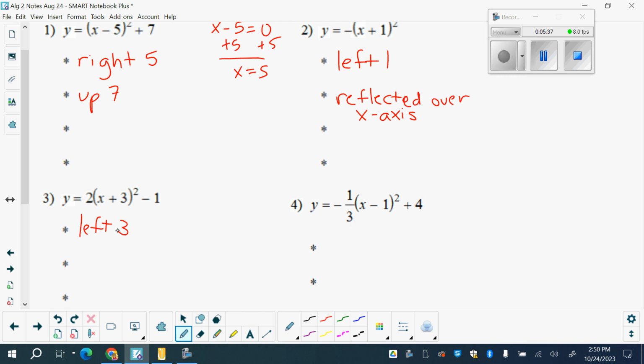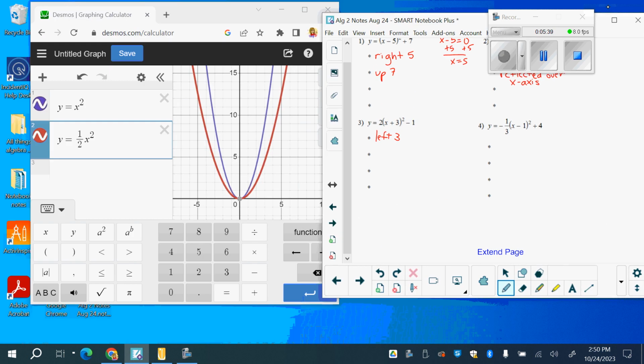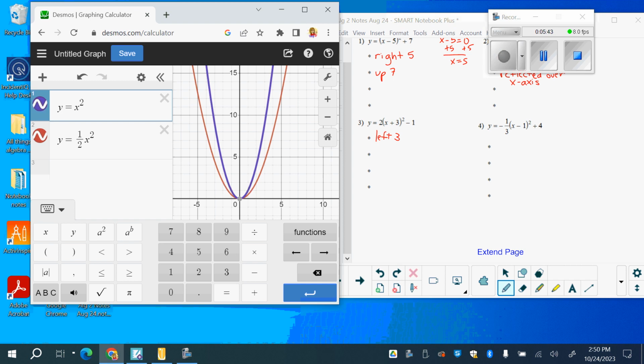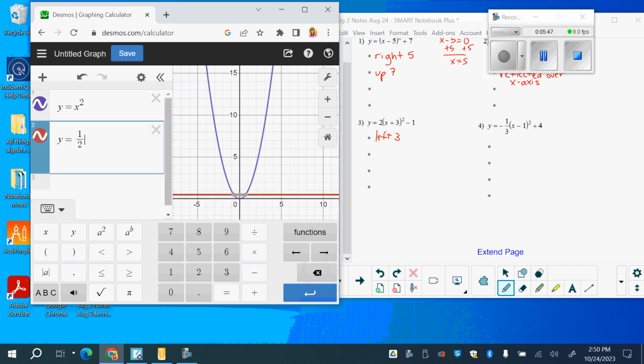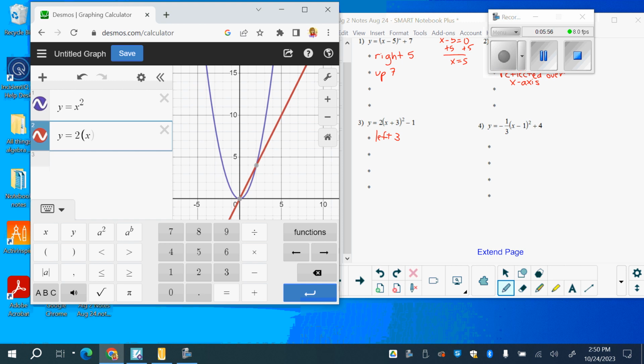And so on Desmos, there's x squared. So there's the graph on Desmos.